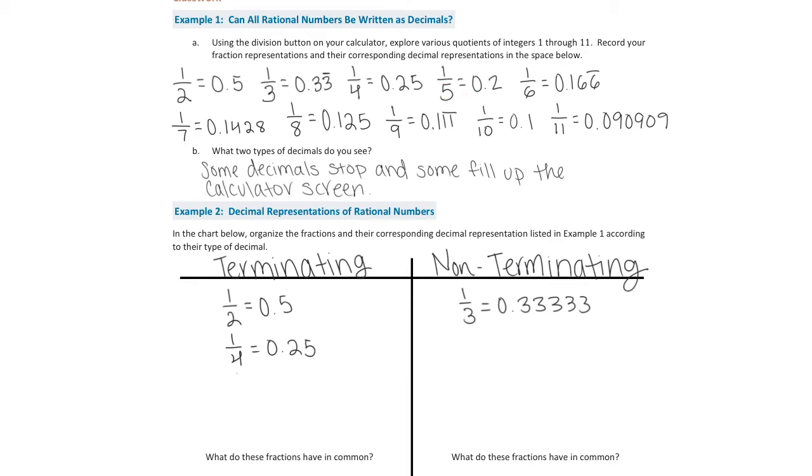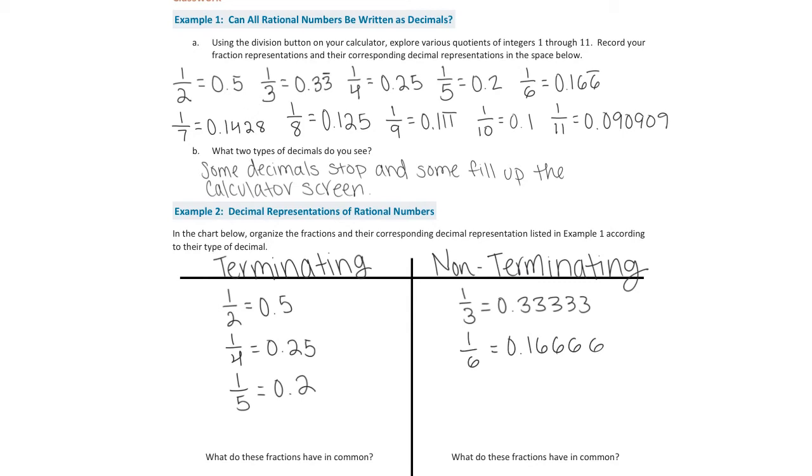Because the decimal does not go on forever, 1/5 equals 0.2 is in our terminating column. 1/6 equals 0.166 repeating. Because the decimal goes on, it is in the non-terminating column. So 1/6 equals 0.16666 and so on.